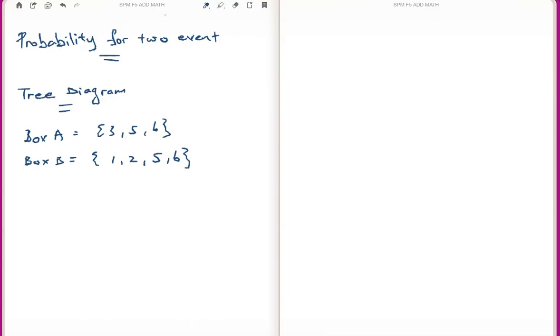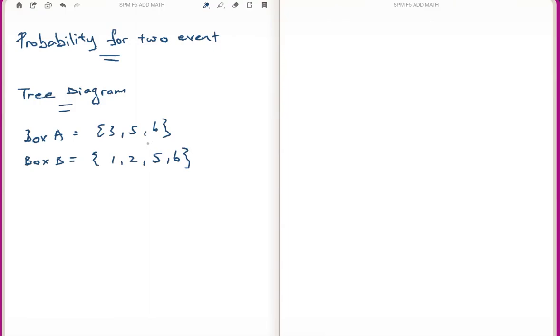In this question, boxes A and B are not mutually exclusive, because 5 and 6 are the same numbers. There are 5 and 6 in box A, and there are also 5 and 6 in box B. Each is a ball labelled with this number. So they are not mutually exclusive because they have the same numbers.